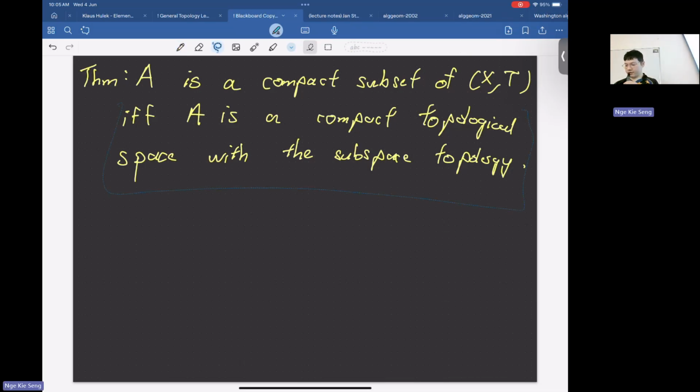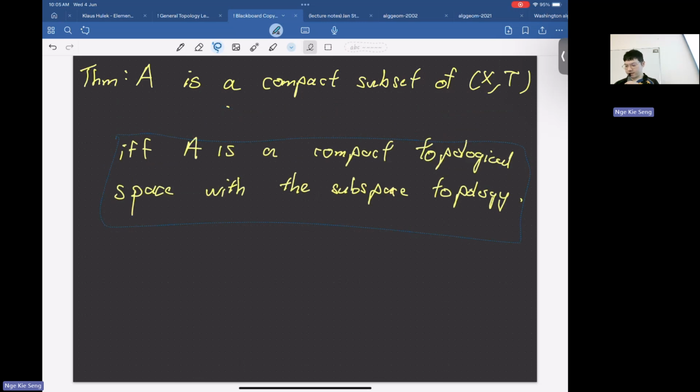Do you still remember how we cover the subset? The set is just required to be contained in a union of some open cover here. And then every open cover has a finite subcover.